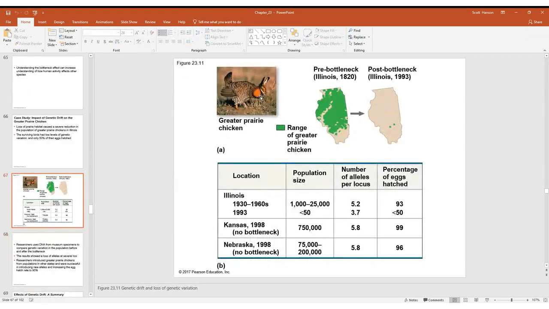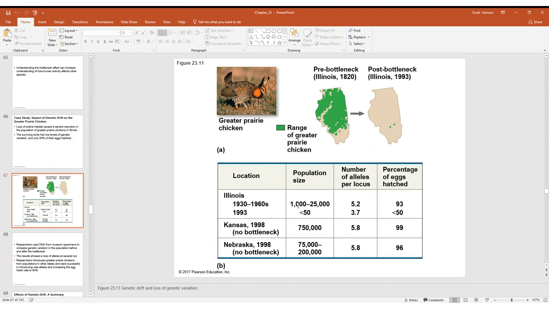So here's the greater prairie chicken. And in 1820, there was a huge range for them in Illinois, but then because of converting it all to farmland, after the bottleneck effect, in the 1993 study, they found that there's very little greater prairie chicken left, and very little habitat for them left in the state. So that caused a great genetic bottleneck.